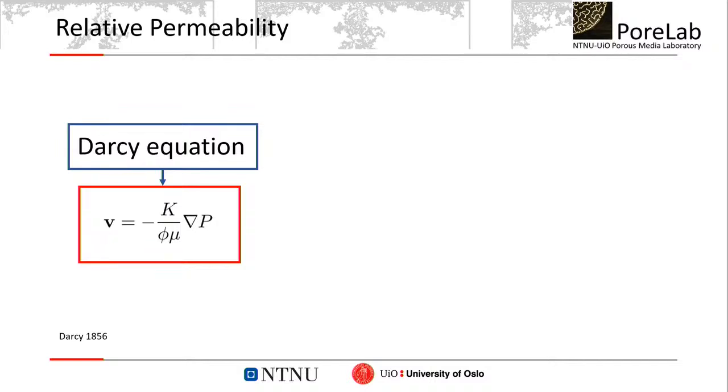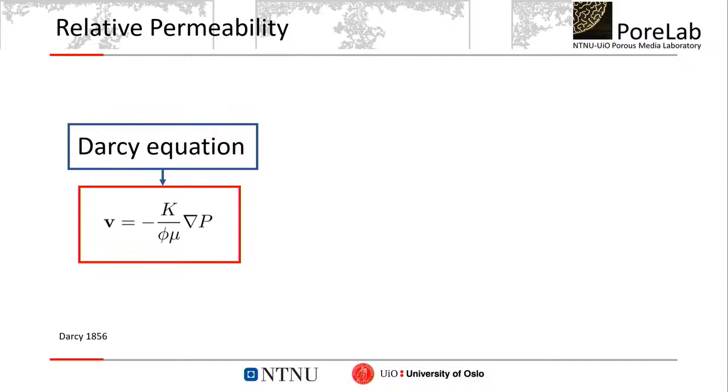He wrote down this kind of equation, or he had an extensive version of it, showing that the flow rate is proportional to the pressure drop, and the proportionality factor here contains the permeability of the porous medium. That is a reflection of the structure of the porous medium. And then you have the porosity.